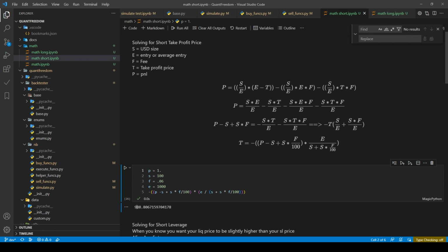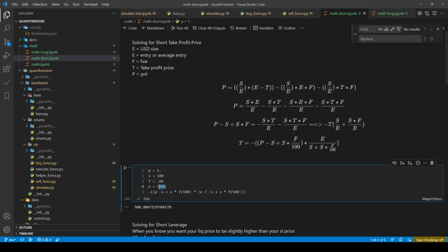Okay, so that makes sense. Because 990 is 1%, right? So if I want to make $1, which is basically a 1% change from 1,000, then if you're going to include the fees and all that stuff, I would need to go 988 in order to make $1 because we're including the fees.